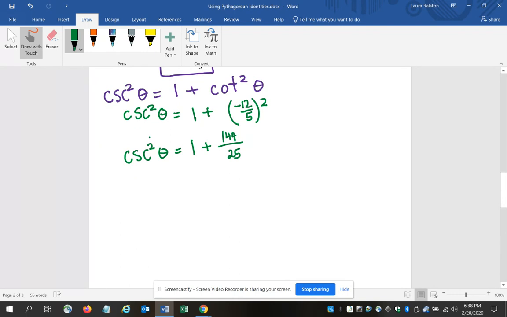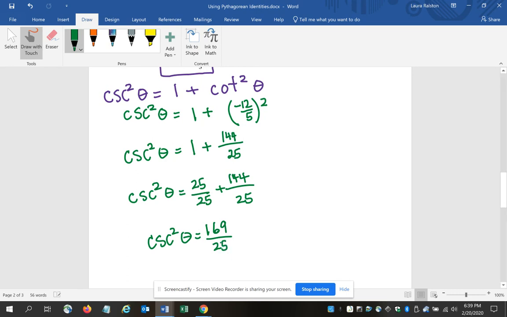Sometimes the fractions are what trip students up terribly. So we have cosecant squared theta equals 25 over 25 plus 144 over 25. Cosecant squared theta is 169 over 25.